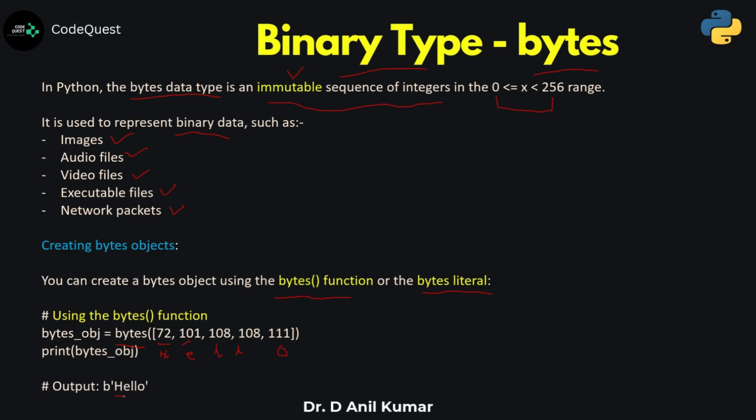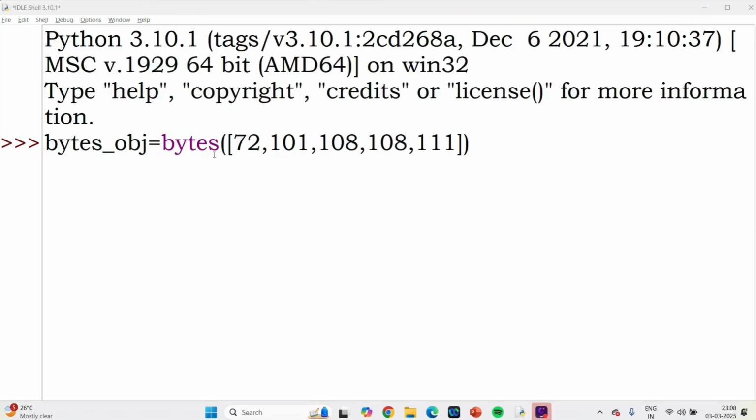You can see whenever the output is displayed, it is preceded with a small b, which indicates that this is a binary object.